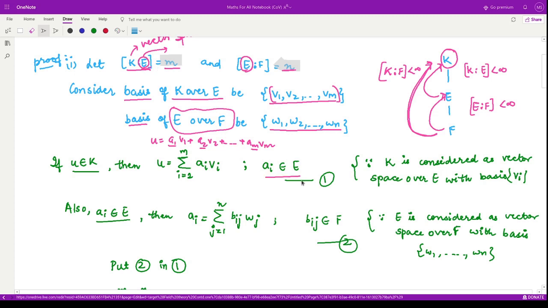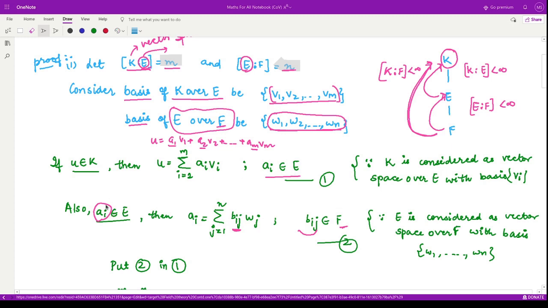And these a1, a2, up to am, they belong to E. Now again E is an extension field of F. That means we can again write these ai elements as a linear combination of the basis elements of E, because E is again a vector space over F, and taking these scalars now from F. So these bij's belong to F, right?